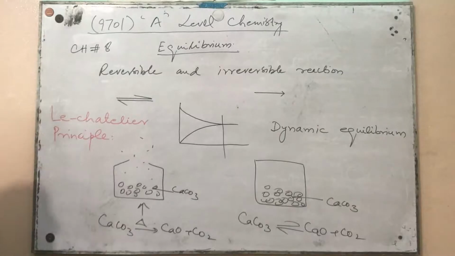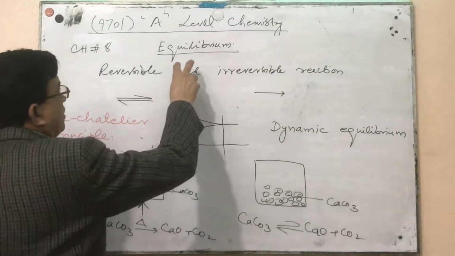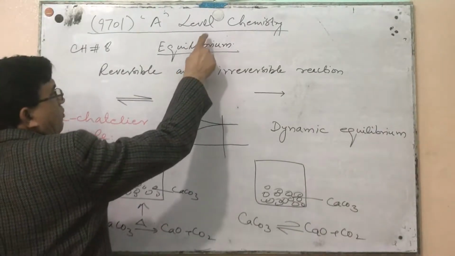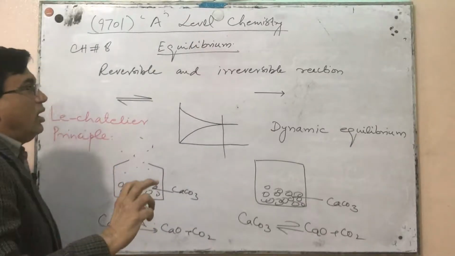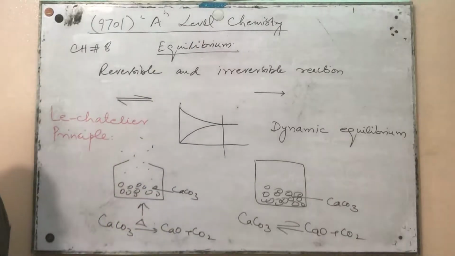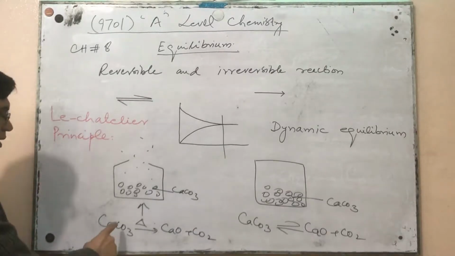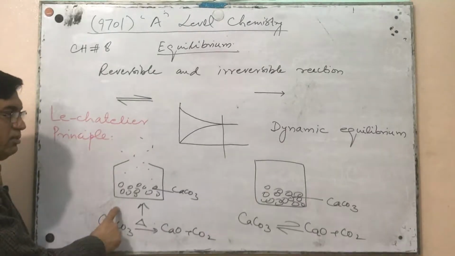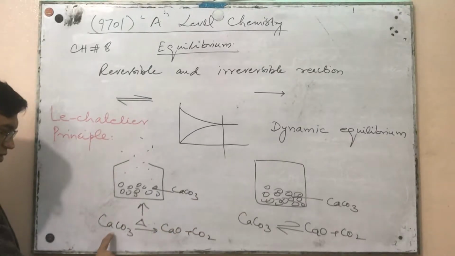Now, for the establishment of equilibrium, a closed system is required. For example, this diagram clearly indicates this situation.